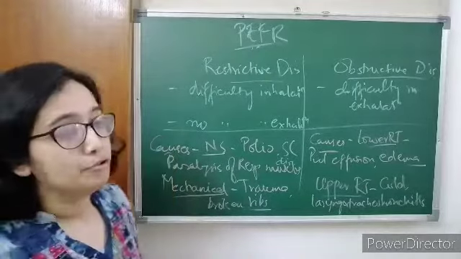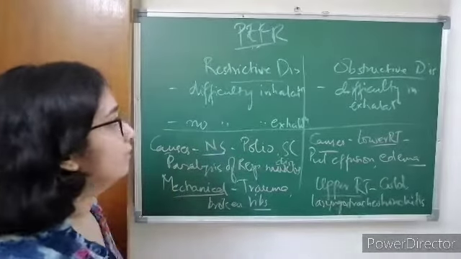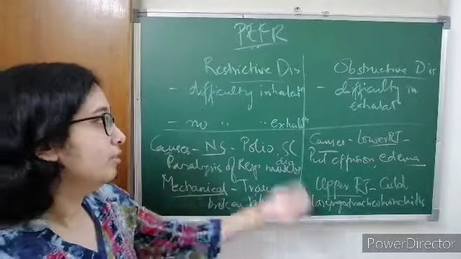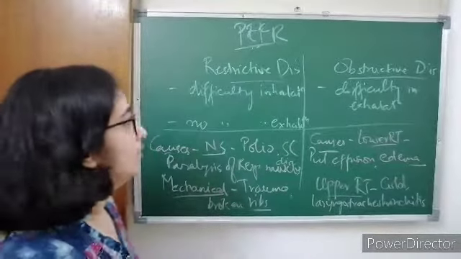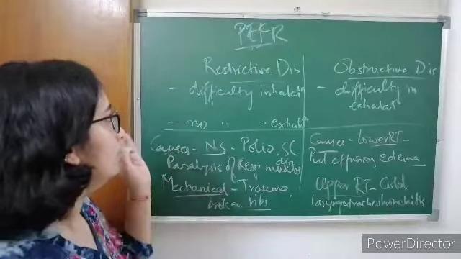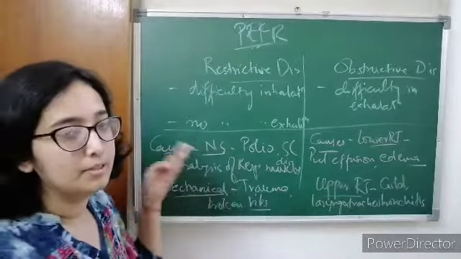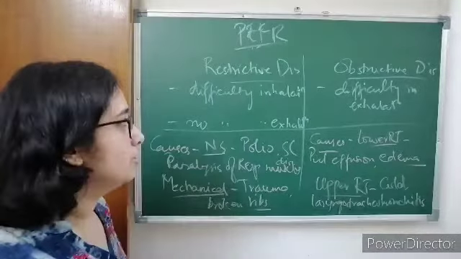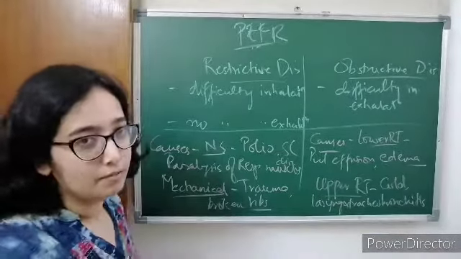So PEFR is used to differentiate between restrictive and obstructive diseases. As we saw, the PEFR value will be less in obstructive disease compared to restrictive disease. The difference is that in restrictive there is difficulty in inhalation while exhalation is normal, but in obstructive there is difficulty in exhalation.